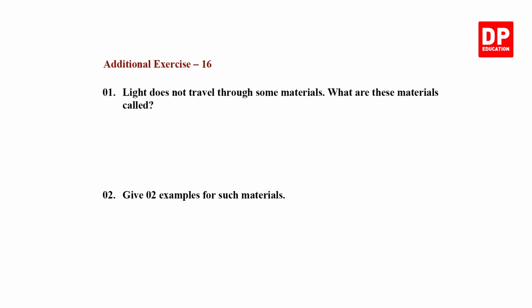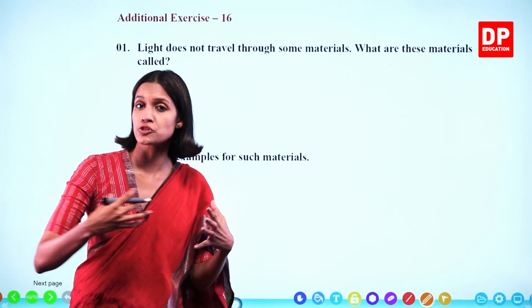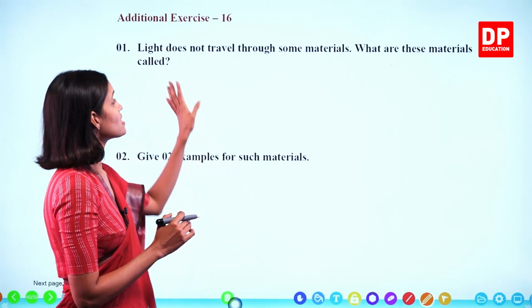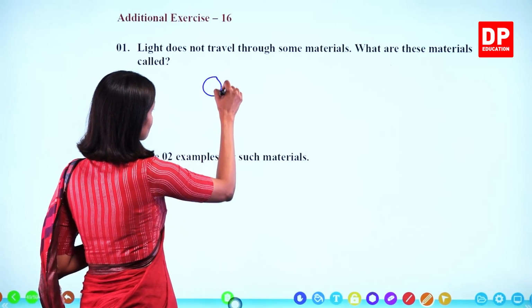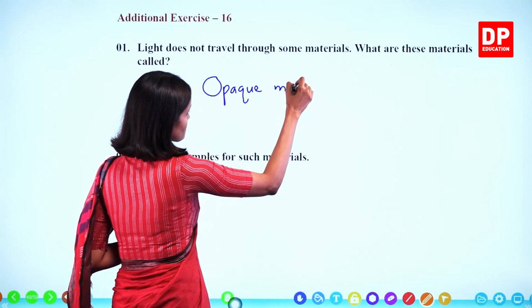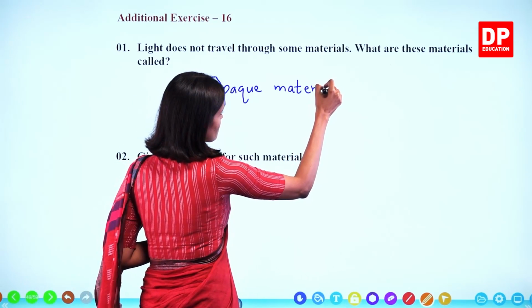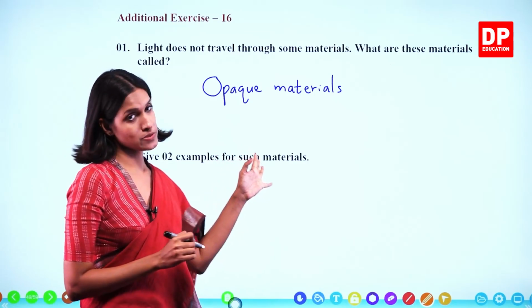Moving to the next. Light does not travel through some materials. What are these materials called? Some materials don't let light pass through them at all, right? These are known as opaque materials. Let's write. Opaque materials. And give 2 examples for such materials.